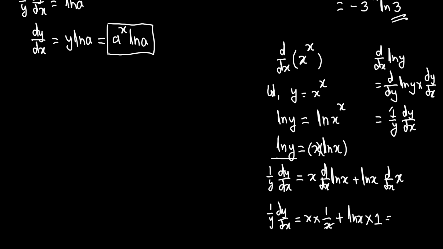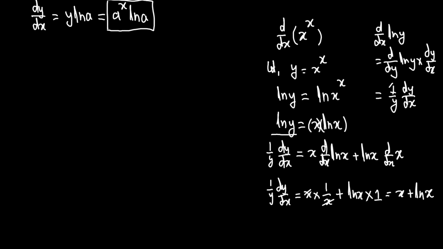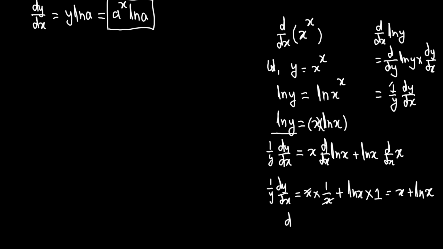The x's cancel out, and on the right side we get x plus ln x. So finally we can write dy by dx equals y into x plus ln x.